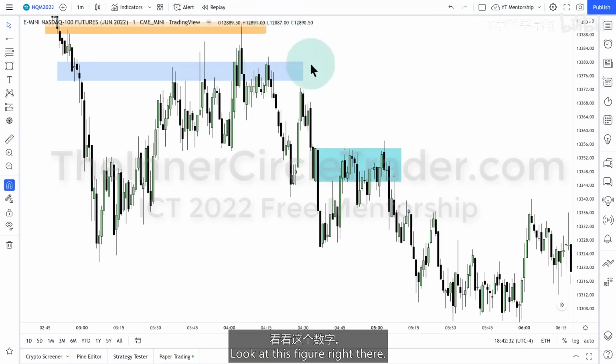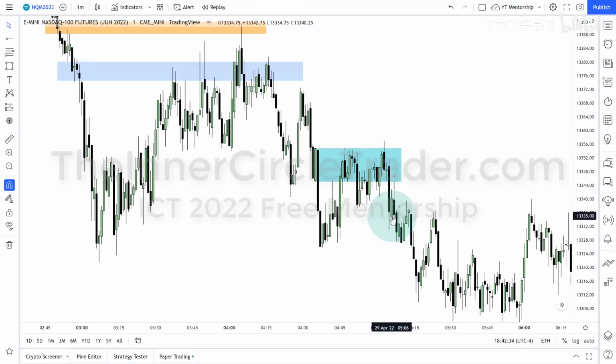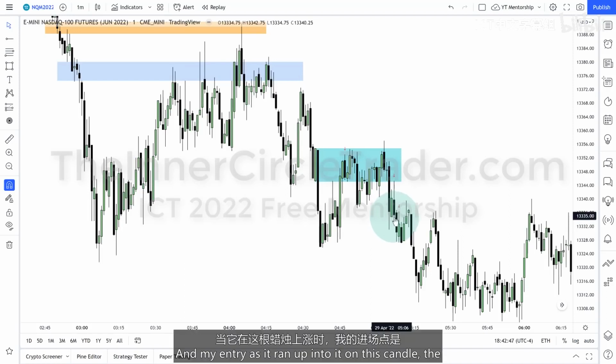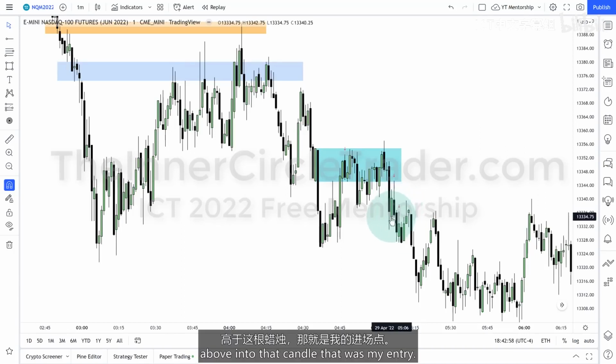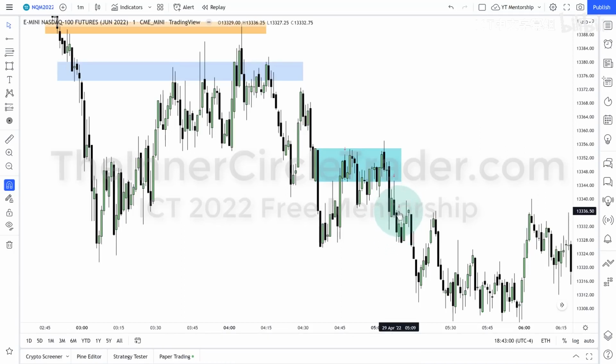Look at this figure right there. So 13,334 and 3/4. And my entry, as it ran up into it on this candle, was 13,335. So it was only a 1/4 of a point above that candle. That was my entry. It had a little bit of heat here.